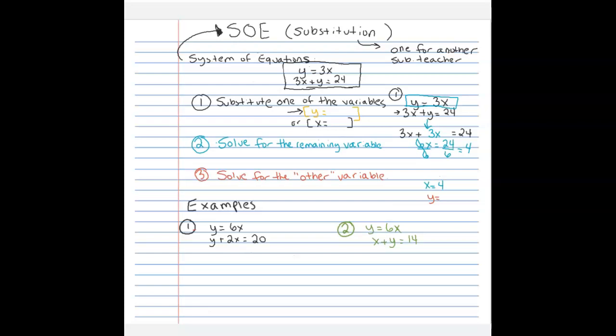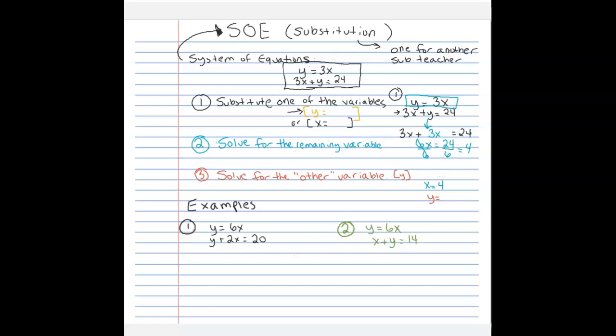Because remember, we need an x equals and a y equals. So now we're going to solve for the other variable. In this case, we're going to solve for y. The way we're going to do that is the same thing we did for elimination, where we put it back in. We can decide which equation to use, the y equals 3x or 3x plus y equals 24. I want to see which one looks easier.